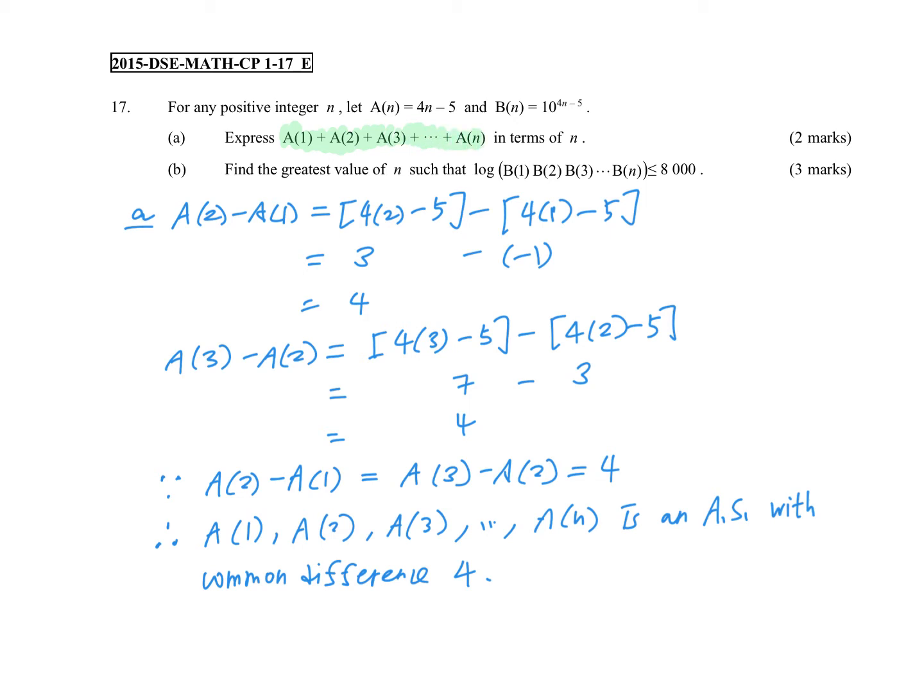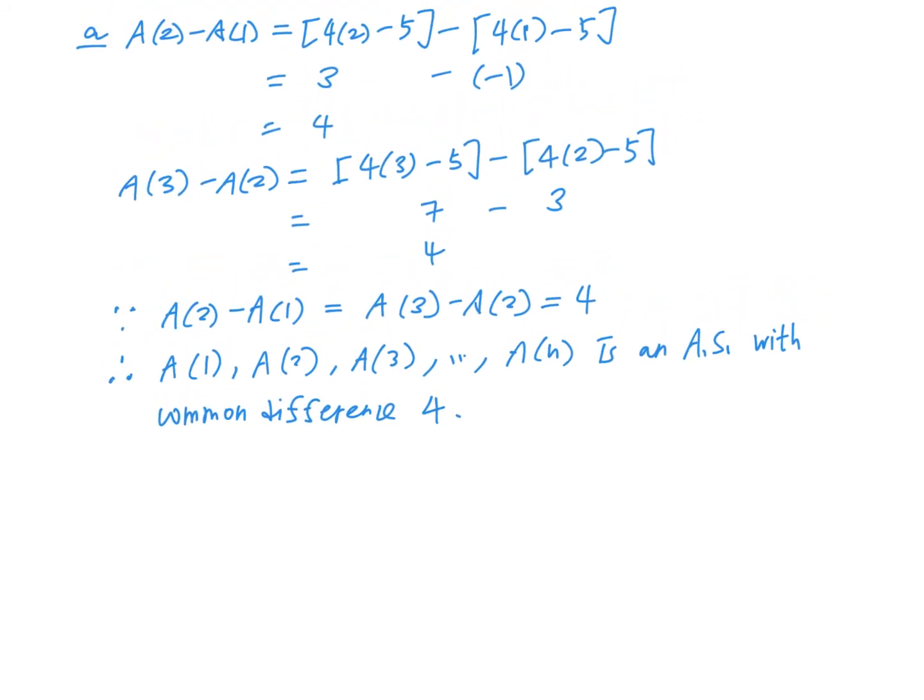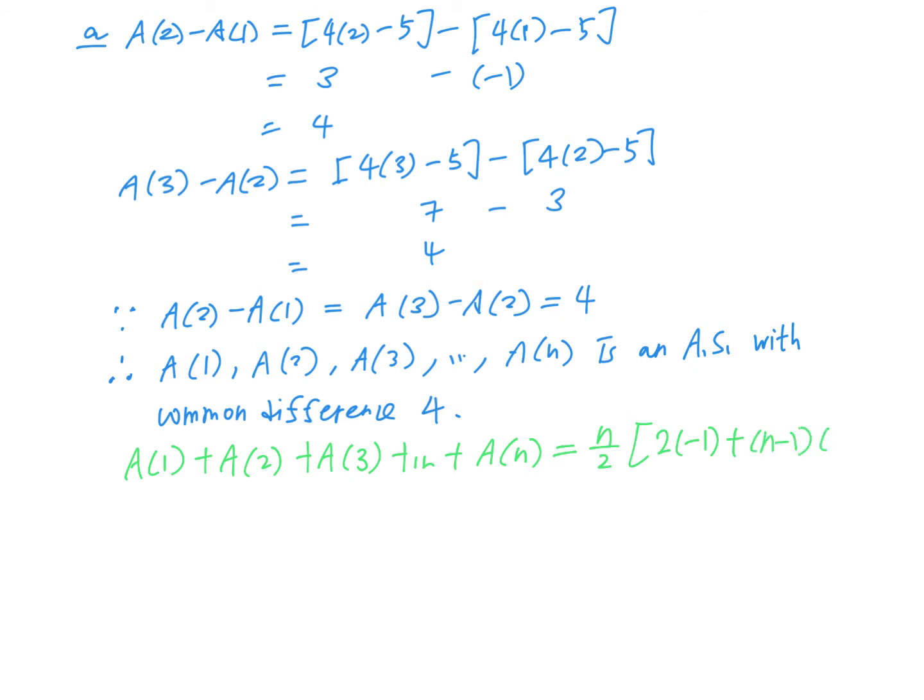So of course, we need to use the SN formula to express the sum. Okay, so A1 plus A2 plus A3 plus blah blah blah. Okay, so the number of terms will be n. So n over 2 times 2a, where a will be -1, as found above, and then plus n minus 1 times 4.